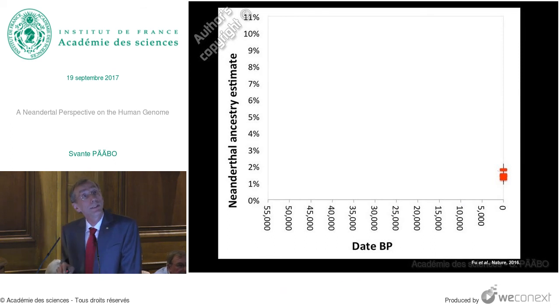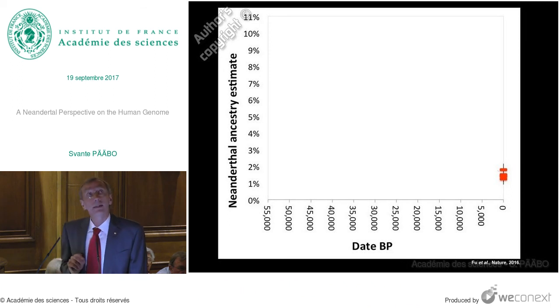And you can also see that if we go back in time. So today, as we have said, 1 or 2% of the genomes of Europeans come from Neanderthals. If we go back to older genomes that many other labs have produced that are a few thousand years old and older, you will see that as you go back in time, you find more and more Neanderthal DNA. So the best explanation for this is selection against it, pushing it out of the population.